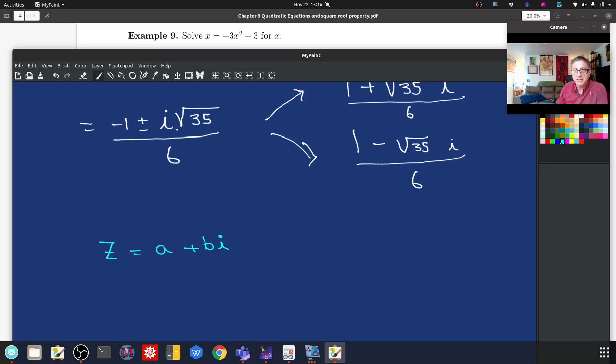In this case, that would be minus 1/6 plus the square root of 35 divided by 6, both of these are real numbers, times i, or minus 1/6 minus the square root of 35 divided by 6 times i.